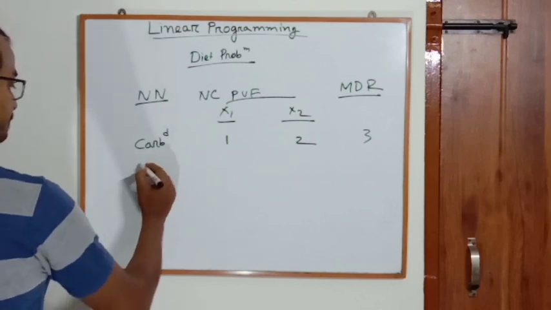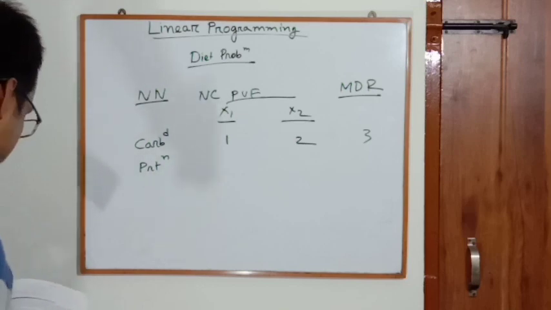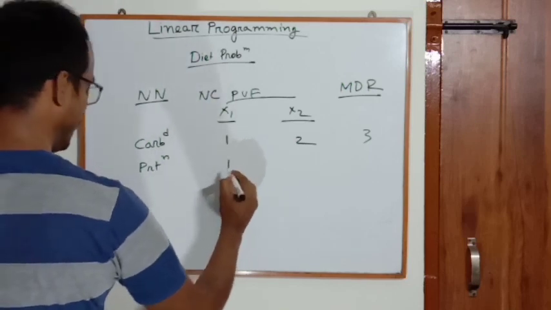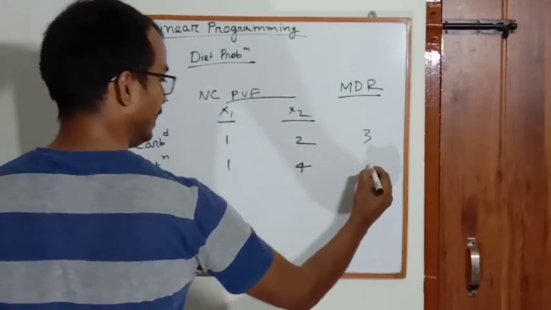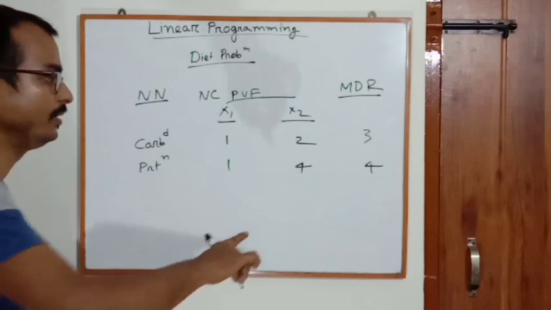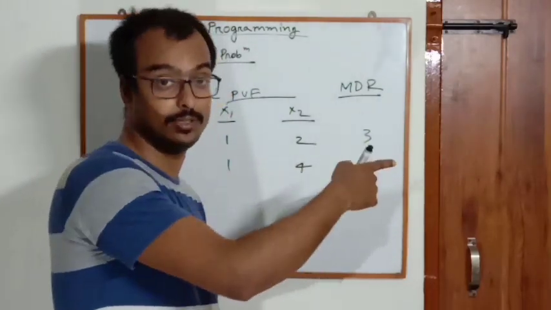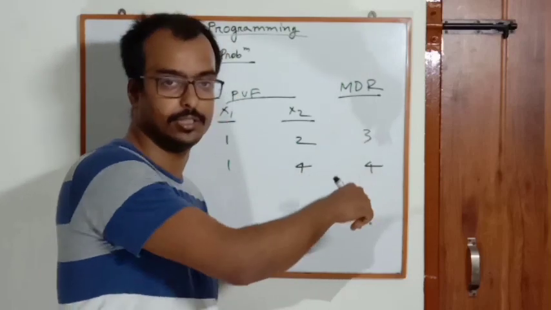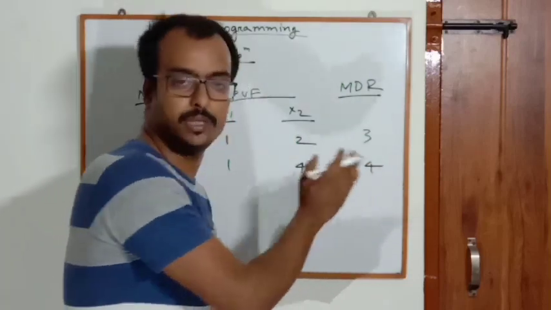Then protein, this first food contains 1 and the second food contains 4, and the maximum daily requirement is 4. What is this? In my previous example, that 1000, that means you have to give this much. You can give more than that, but at the minimum you must give this much.